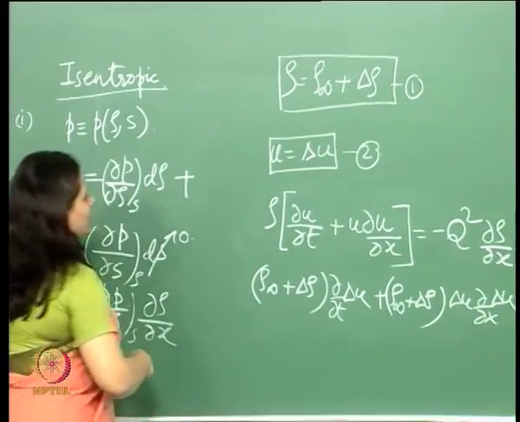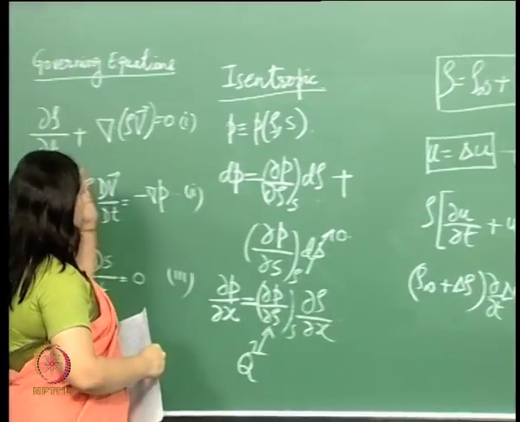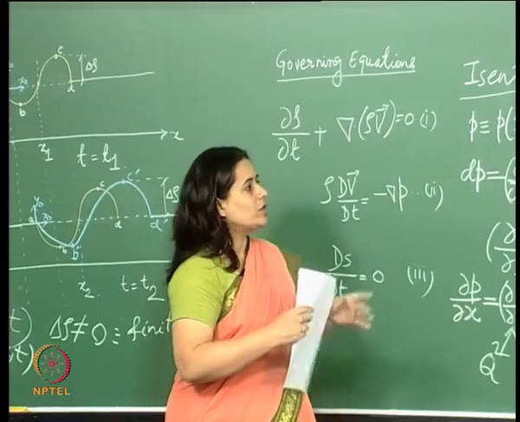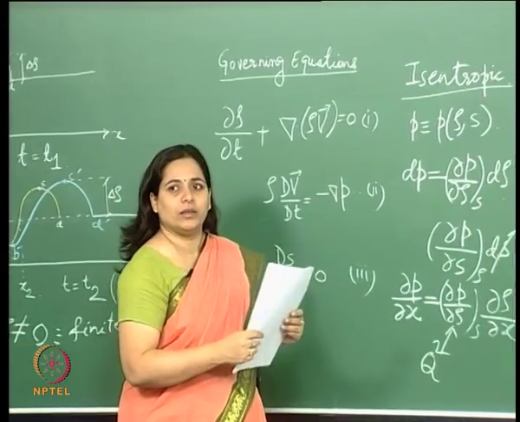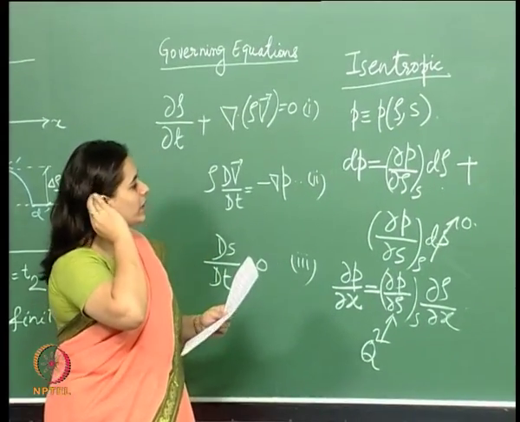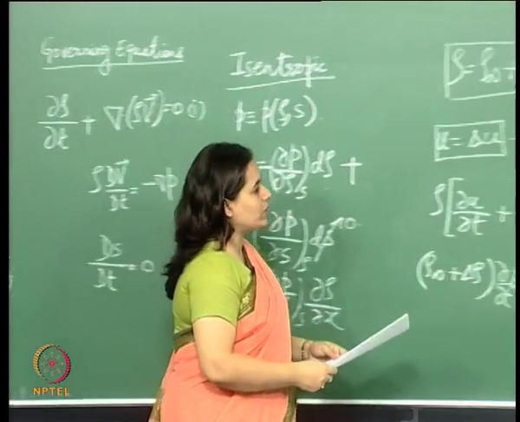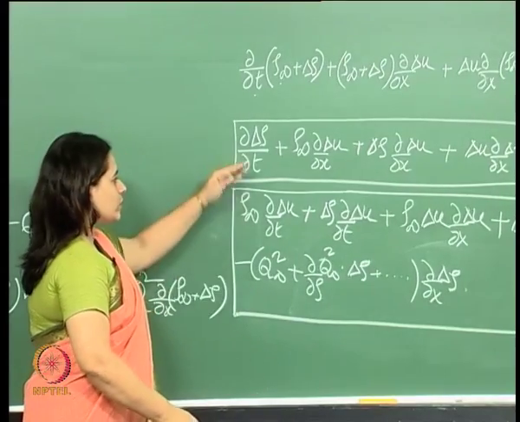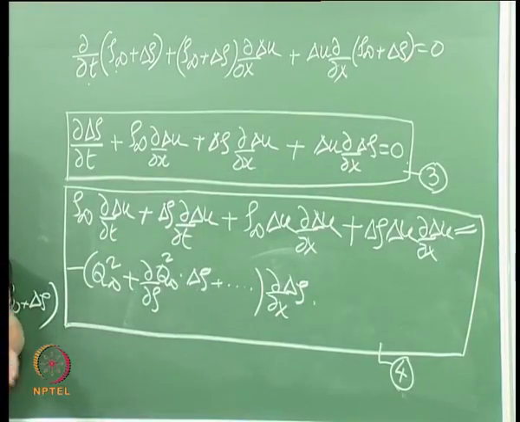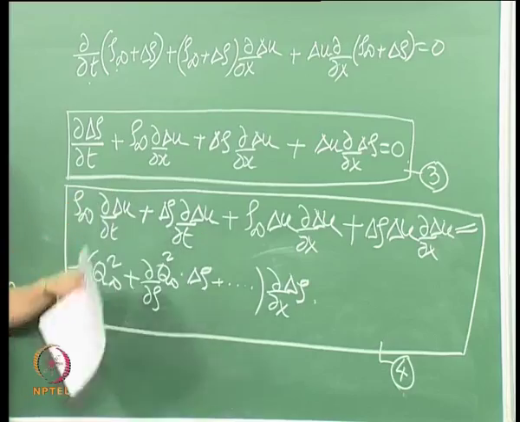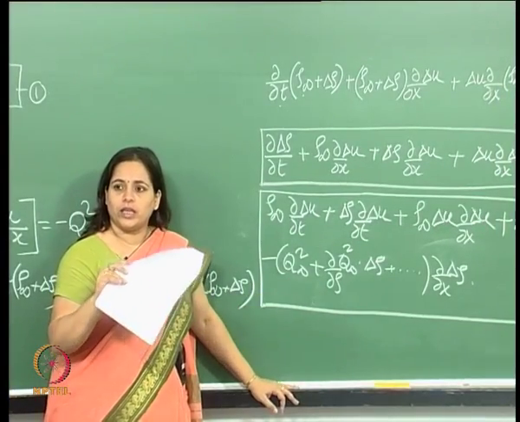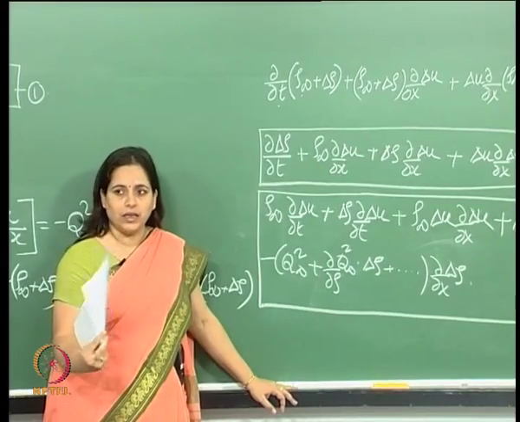Okay. Then we wrote out these equations in the x direction, and we were able to come up with the equations 3 and 4, right. So, these are the governing equations. The equation 3 came from the continuity equation and equation 4 came from the momentum equation and the energy equation.